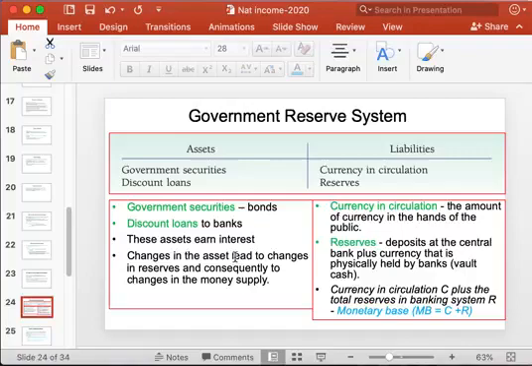So that is how the supply of money in the economy can be controlled by the government.